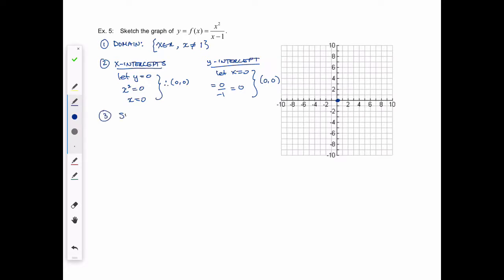For symmetry, what I'm going to do is f of negative x. Wherever I see an x, I'm going to replace it with a negative x. I'm going to simplify it as much as possible.